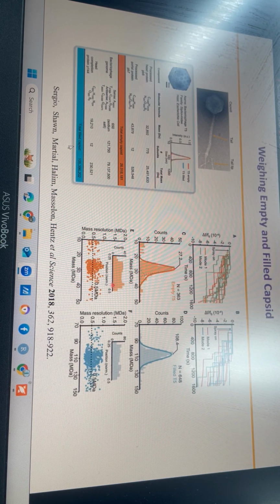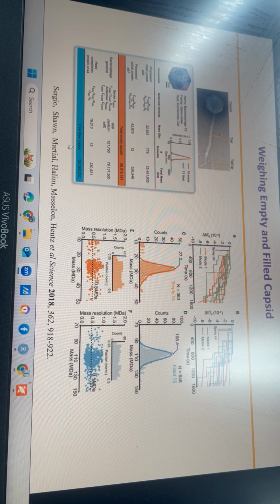We use this machine to measure the mass of virus capsid, okay, viral capsid. So we measure the mass of filled capsid as well as empty capsid, okay. Empty capsid of a bacteriophage.